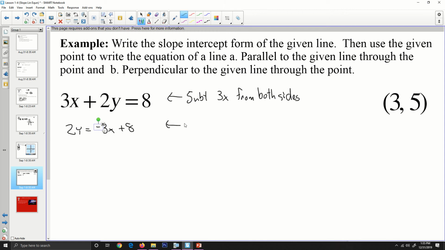And then I'm going to divide by 2. And so that'll give me y equals negative 3 over 2 x, and then 8 divided by 2 is going to be 4. All right. So this right here is my slope-intercept form.